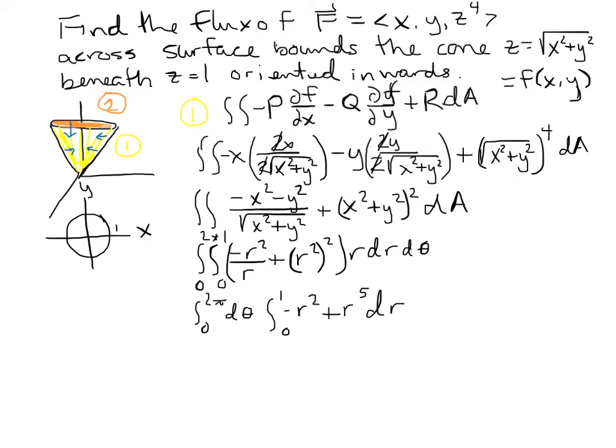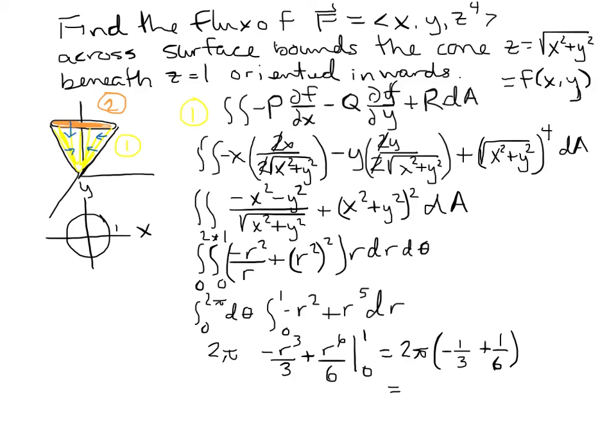The integral of, well, 1 with respect to theta is theta. Integrate it from 0 to 2 pi, and you get 2 pi. Times negative r cubed over 3 plus r to the 6th over 6, evaluated from 0 to 1. So we'll get 2 pi times negative 1/3 plus 1/6.